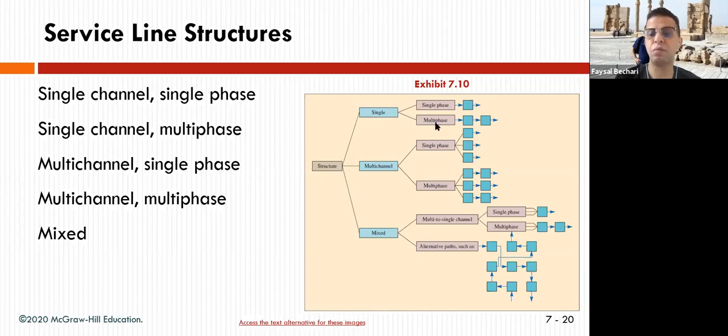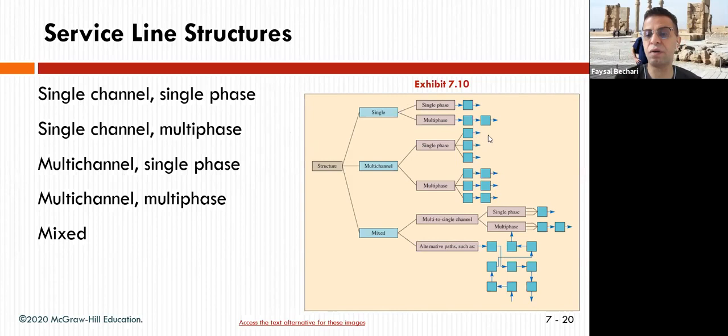Single channel, multiple phase is when at each cash register, two or three people are waiting. You can see in the exhibit that you need to distinguish between single channel, single phase, and single channel, multiple phases. You can bring lots of examples. Just use your imagination.